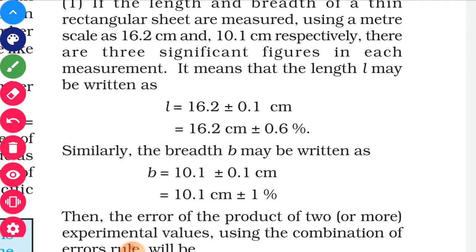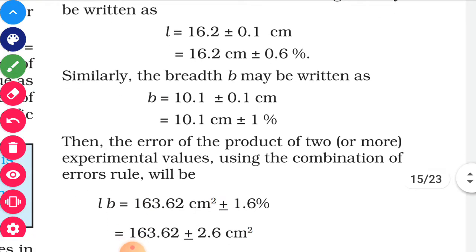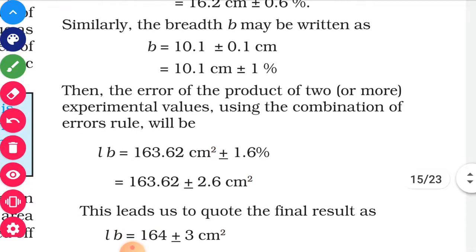It means that the length L is written as 16.2 plus or minus 0.1, so you can find 0.1 upon 16.2 and convert, so it will become 0.6%, and here 0.1 upon 10.1, whatever answer you get, multiply by 100, so it will give you 1%.